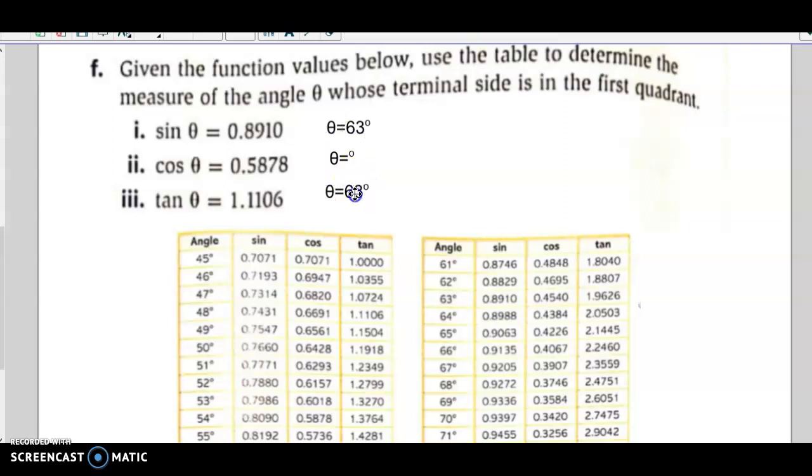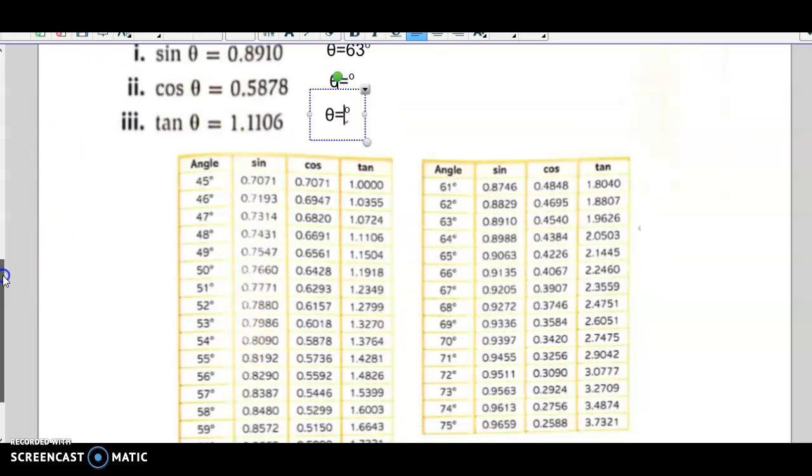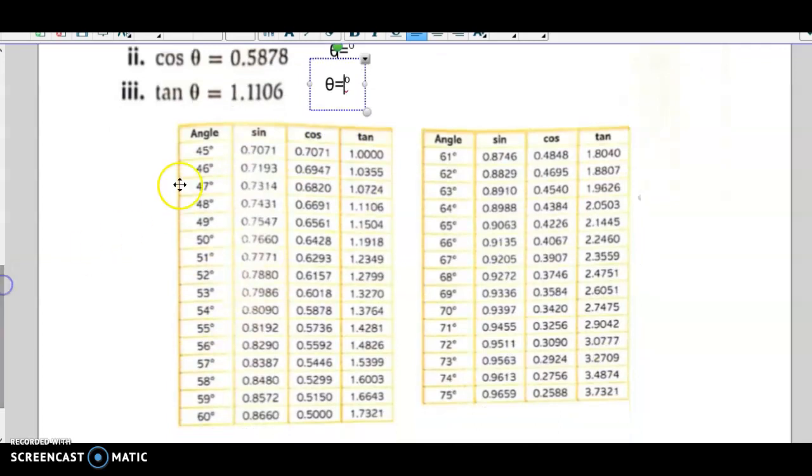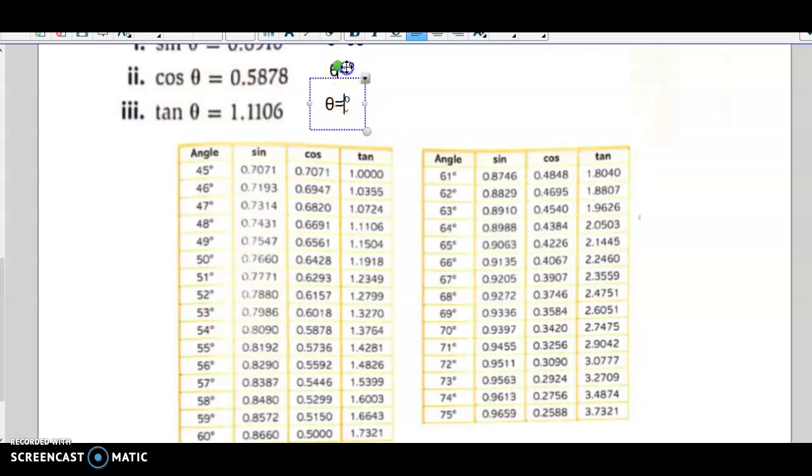You could stop this video and see if you can look at the table and find where cosine equals 0.5878. Cosine is decreasing, so we just follow this table down, 0.587. So about 54 degrees. You see that on there? And then our tangent, 1.1106.